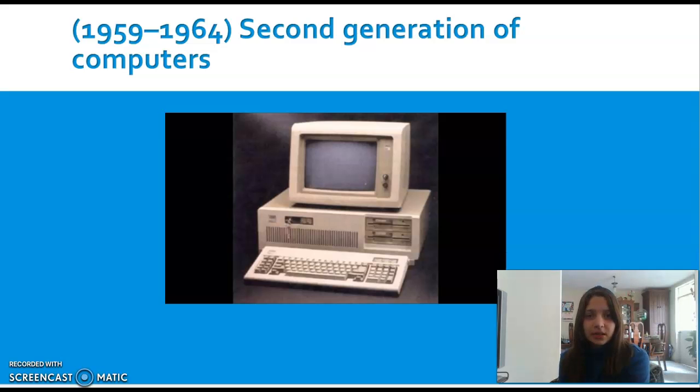In 1959 to 1964, it's the second generation of computers. They also used networks of magnetic cores instead of rotating drums for primary storage.